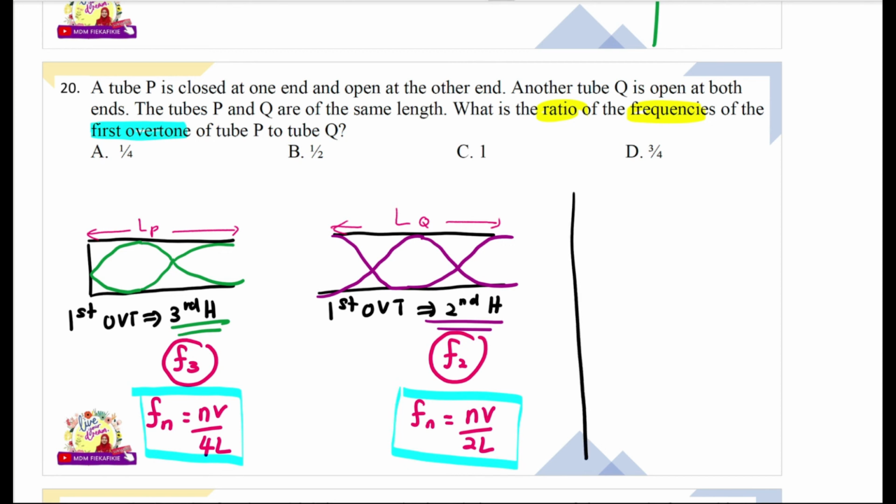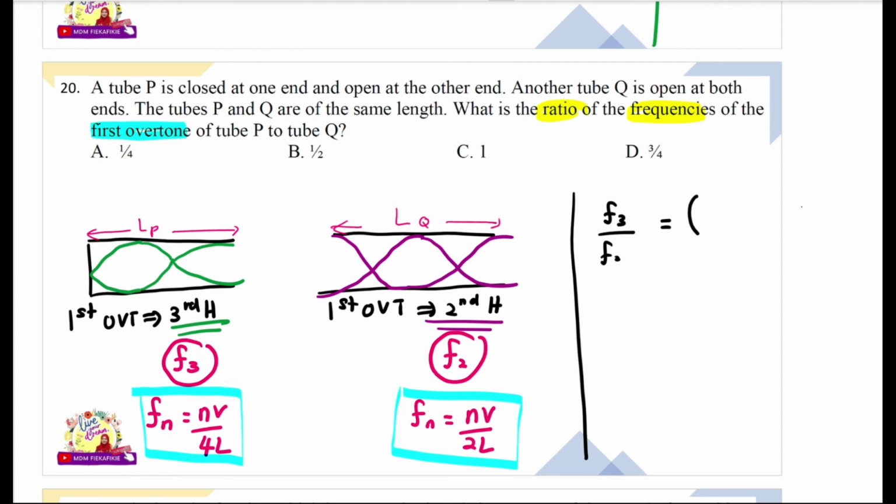We want the ratio of frekuensi siapa? First overtone P dulu. So, F3 over, ini yang 3 tadi, ini yang merujuk kepada first overtone untuk P adalah third harmonics. So, dia mesti duduk dekat atas. Bahagi F2. Okay. And it is equal to NV, masukkan equation lah.